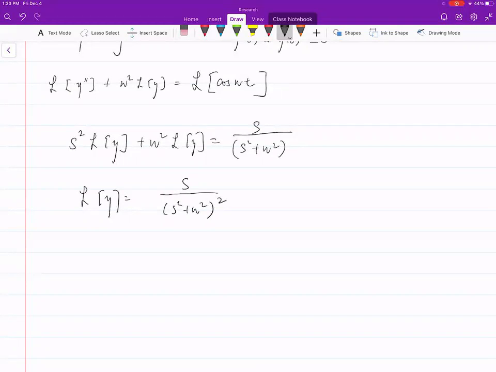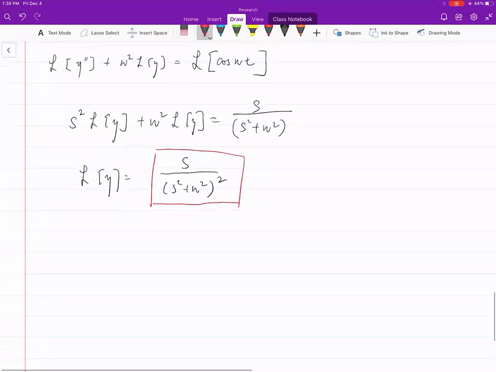All right. The question is, how do you do the inverse of this? An inverse Laplace transform of this. Okay. What do we know? We do know this goes to cosine. The question becomes, what's the relation between this and that?